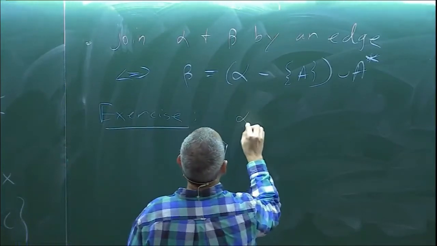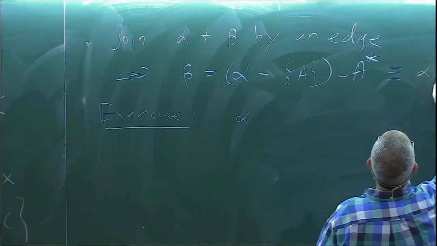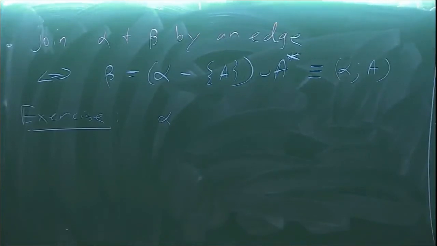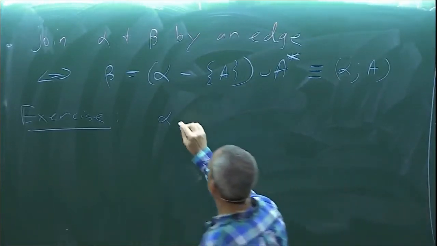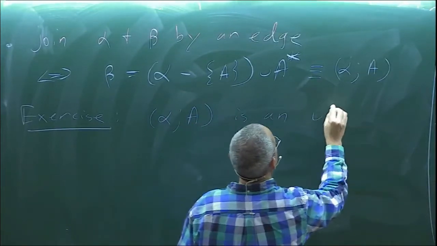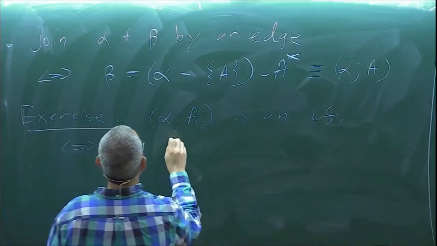This thing, let's call it alpha A, where you take alpha and you flip A. So alpha A is an ultrafilter if and only if A is minimal inside of alpha.